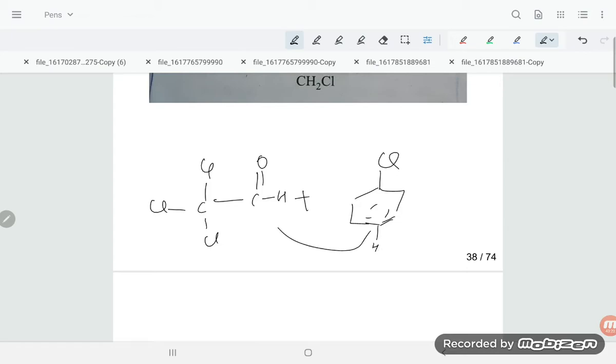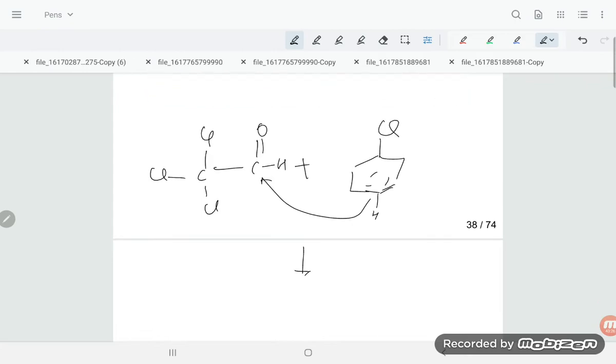If it attacks here, students, what compound are you going to get?